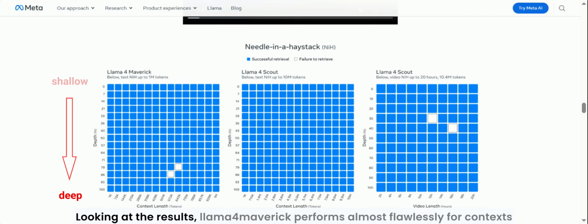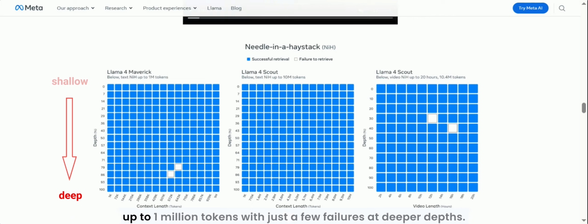Looking at the results, LLaMA 4 Maverick, left panel, performs almost flawlessly for contexts up to 1 million tokens, with just a few failures at deeper depths. LLaMA 4 Scout, middle panel, achieves perfect retrieval even with extremely long contexts up to 10 million tokens.